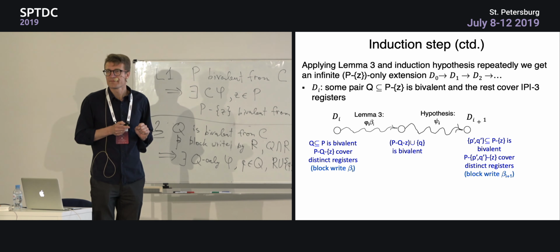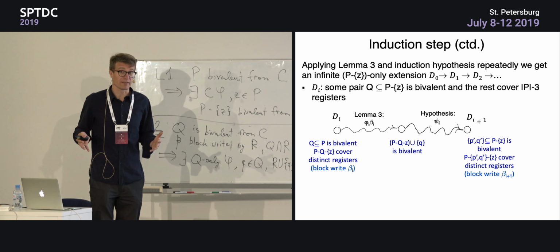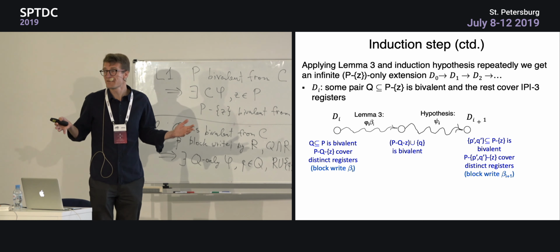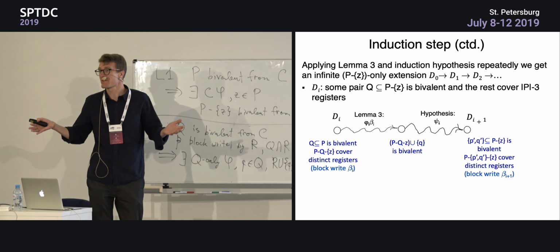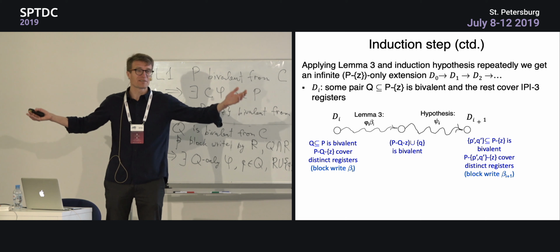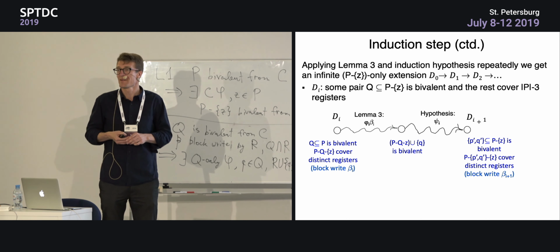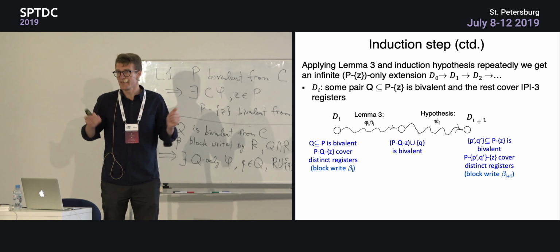However, the space of registers I'm going to use is finite. Well, if it's infinite, I'm done, because I was looking for a space bound for consensus. If I use an infinite number of registers, I'm very happy. You have an algorithm which is unbounded. So to be non-trivial, let's assume that it's finite.